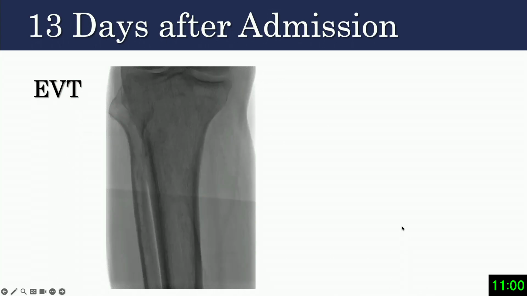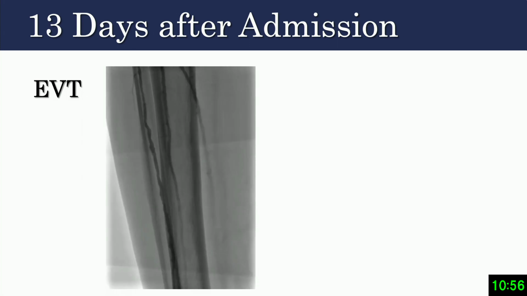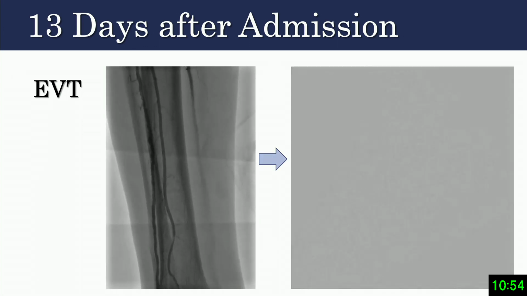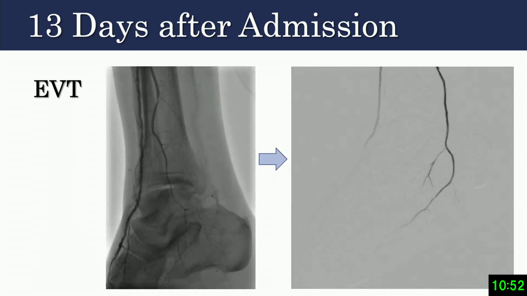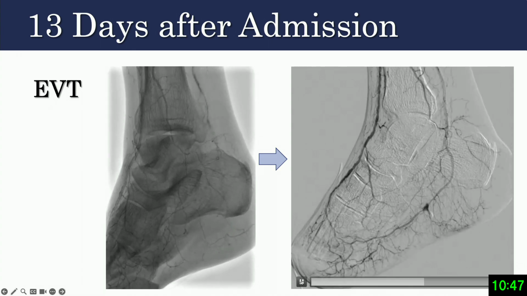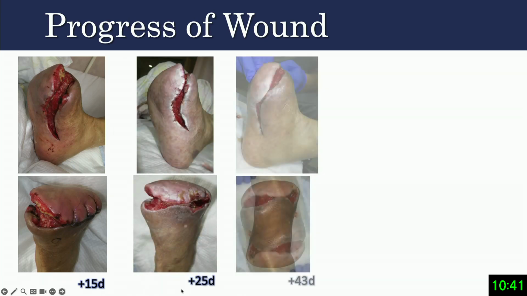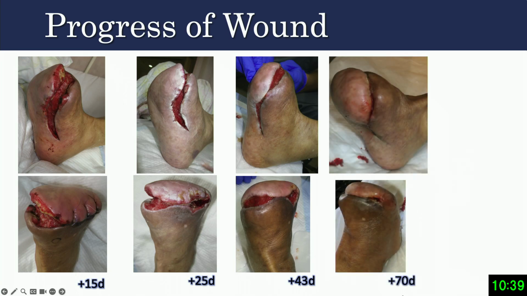And 13 days after admission to my hospital, we performed the EVT and opened the vessel, the posterior tibial artery. After that, at 15 days, 25, 43, 70 days, and finally, he was discharged after 87 days.